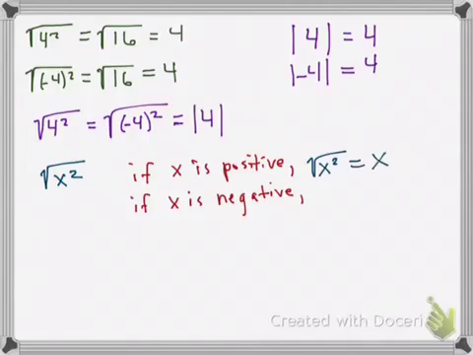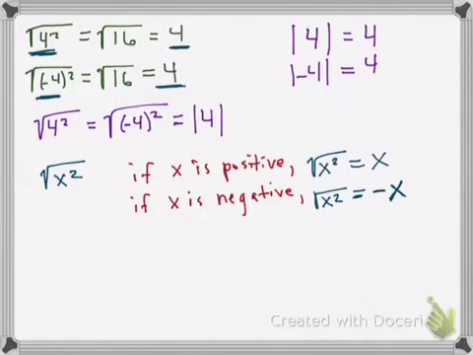Just like when we did the principal root of 4 squared, we ended up getting 4. And if x is negative, then the principal root of x squared is opposite x, or negative x. And that's just like when we took the square of a negative 4 and then took the principal root, we got its opposite back as the answer.